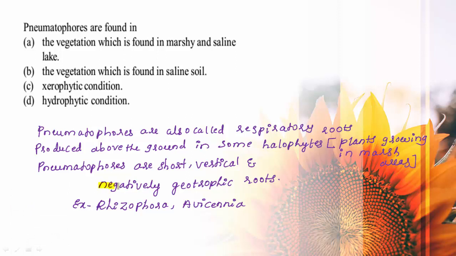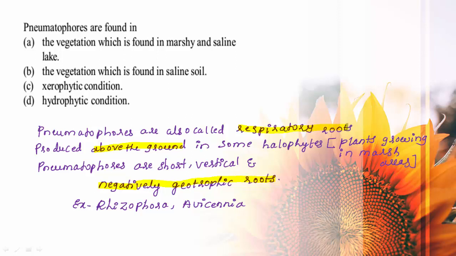But here the nematophores are negatively geotropic roots. That means they grow above the ground, towards the light, opposite to the soil they are growing, and they are specially produced for the purpose of respiration.